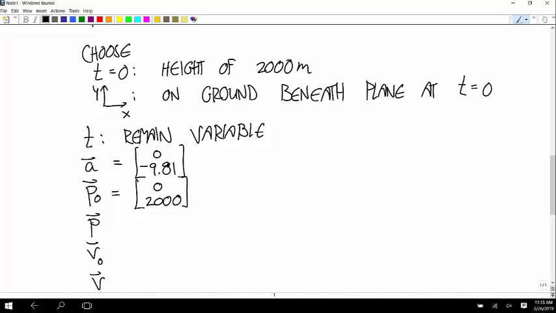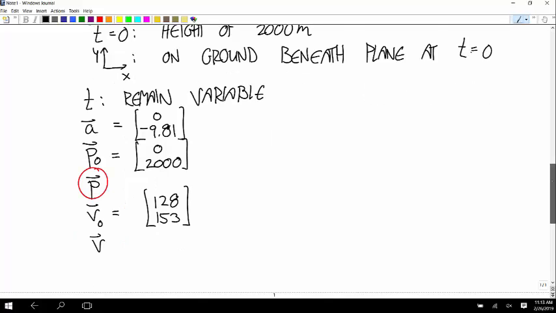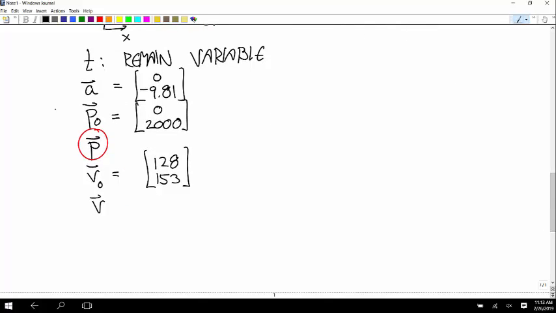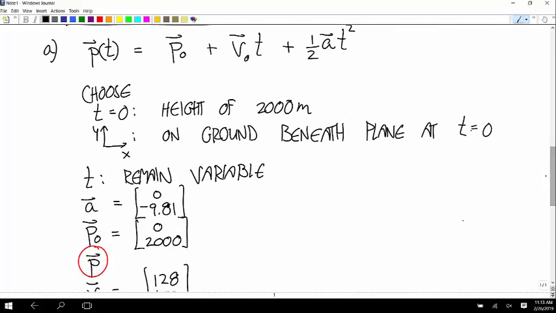We're trying to find the position as a function of time, and the initial velocity is 200 times cosine and sine of 50. That is, I think it was like 128, 153. And we don't know t. But this gives us everything we need to use the equation that I have listed here.